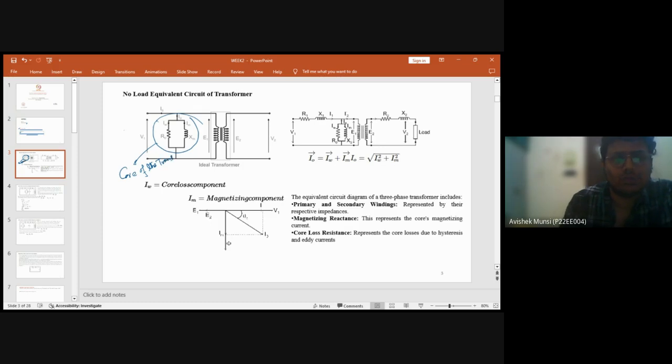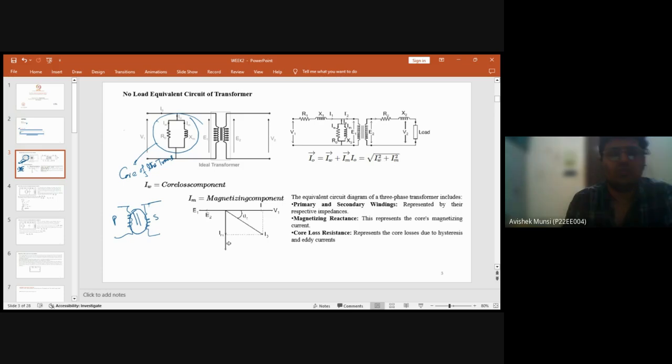So if you remember, this is basically a transformer, this is the primary side, this is the secondary side, and this is the core of the transformer.